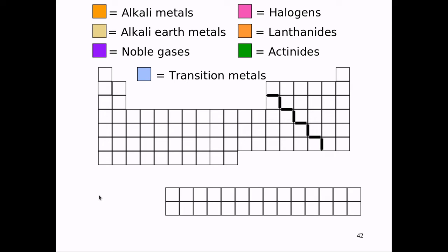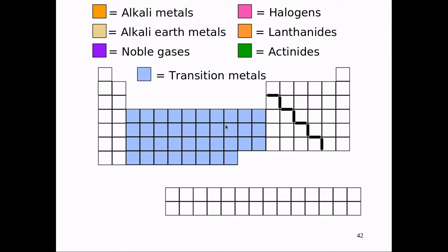We also even have a few more groups that have a lot of historical context, but it's still useful to learn about. The first one here is going to be our alkali metals in this first group. The next one is going to be the alkali earth metals, or alkaline earth metals, sometimes you'll see it called.